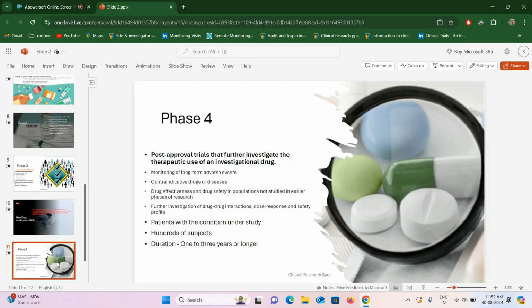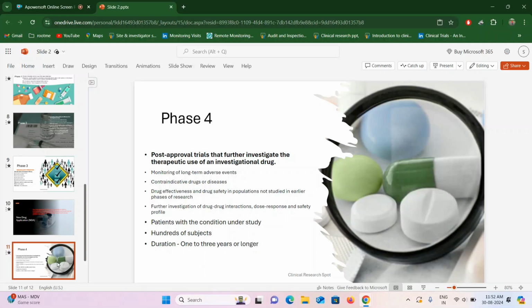Usually, hundreds of people, the subjects, patients, will participate in the trial, and the trials can be conducted for approximately 1 to 3 years. So that's about the phases of the trial. In phase 0 and 1, healthy volunteers are participating, and from phase 2 to phase 4, only patients are participating.